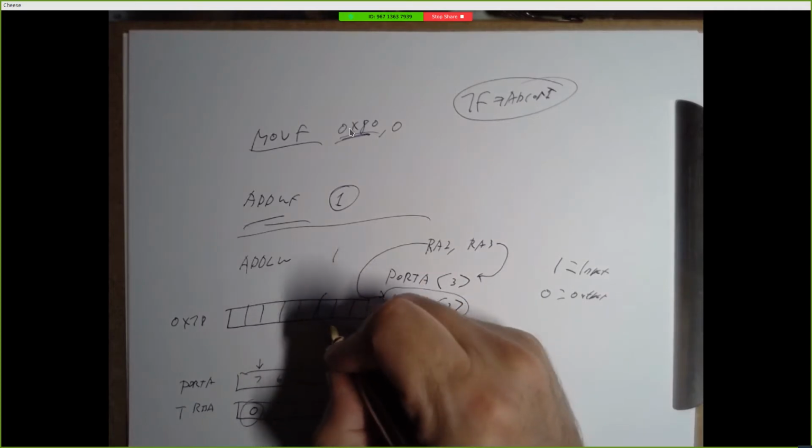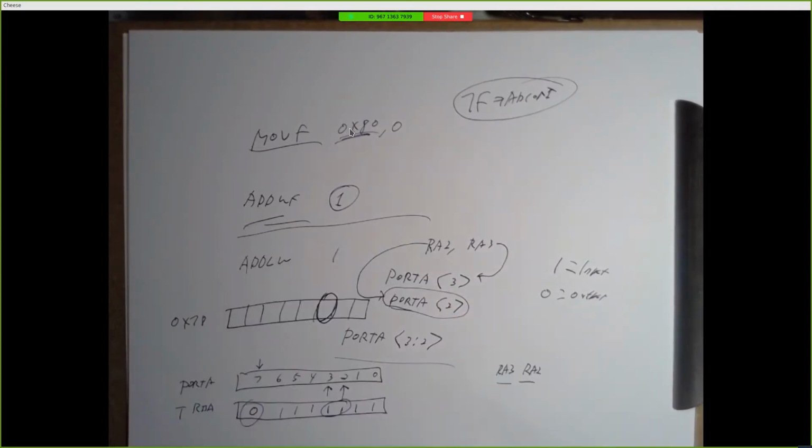So what's the significance of this bit? Is it a random 1 or a 0? Is it always a 0? Is it always a 1? Is it related to something else in the universe? What's the meaning of the value of this bit after I copy port A into hex 78?